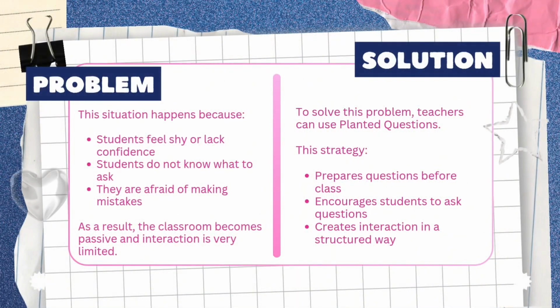This happens because many students feel shy or lack confidence to speak. Some of them also do not know what they should ask and they are afraid of making mistakes. As a result, the classroom becomes passive and interaction does not develop.